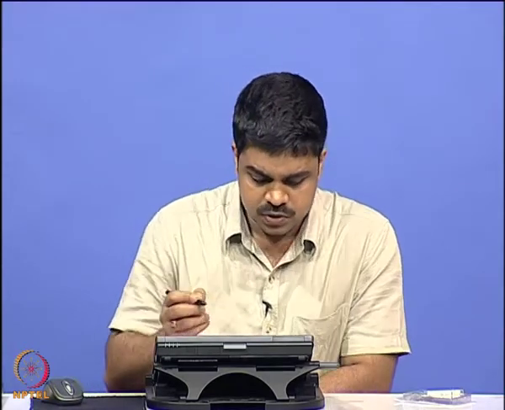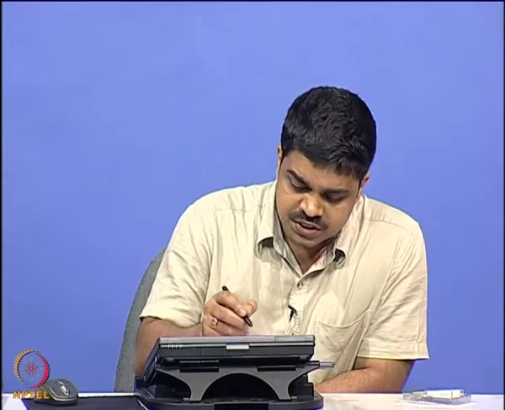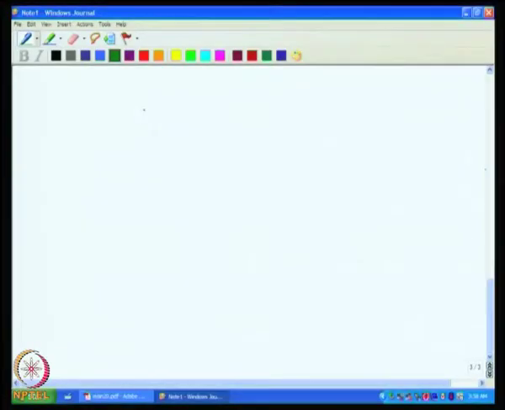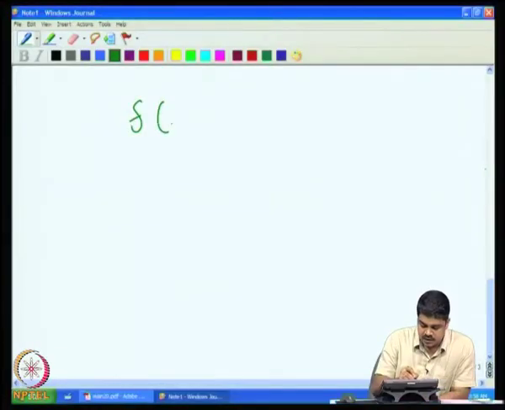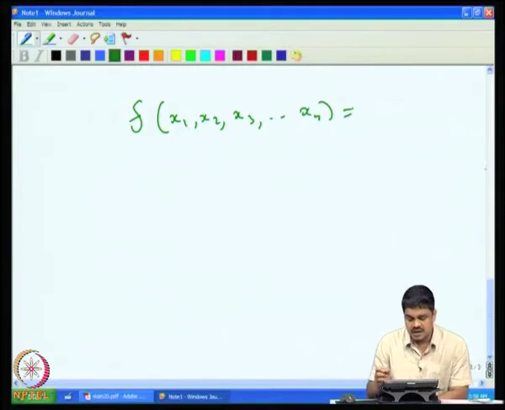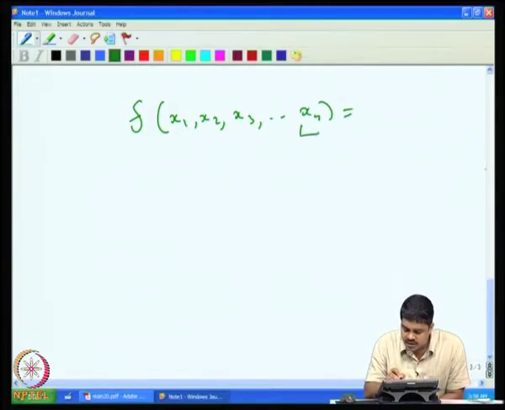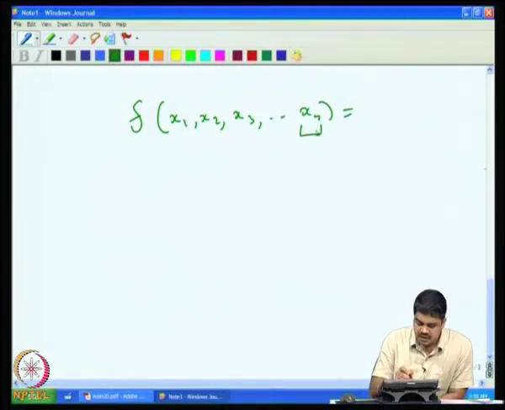To do this, consider this polynomial f in x1, x2, x3, ..., xn. In this polynomial we can separate xn, and in fact it can be expressed as a polynomial in xn alone, where the coefficients are polynomials in the remaining variables x1, x2 up to xn minus 1.